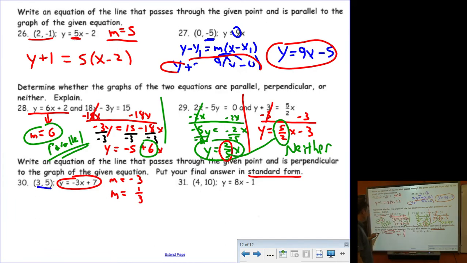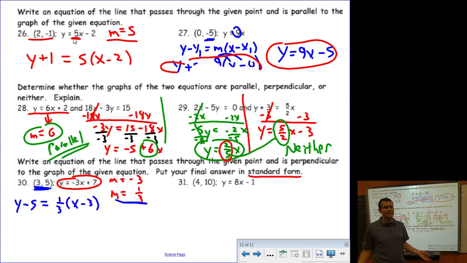Now I can use my point and my slope to write an equation in point-slope form. And I would have y minus 5 equals 1/3 times x minus 3. And finally, now that I have the equation, I need to put it in standard form.